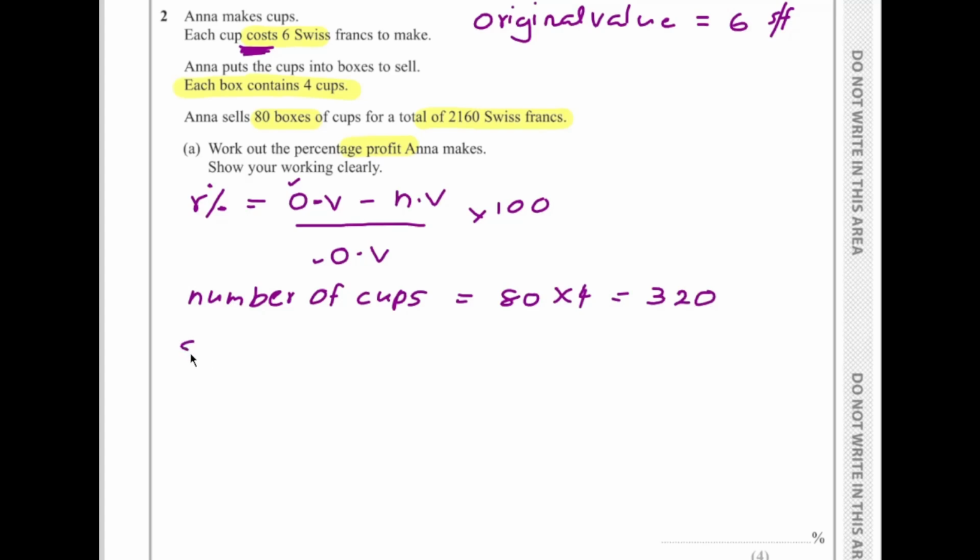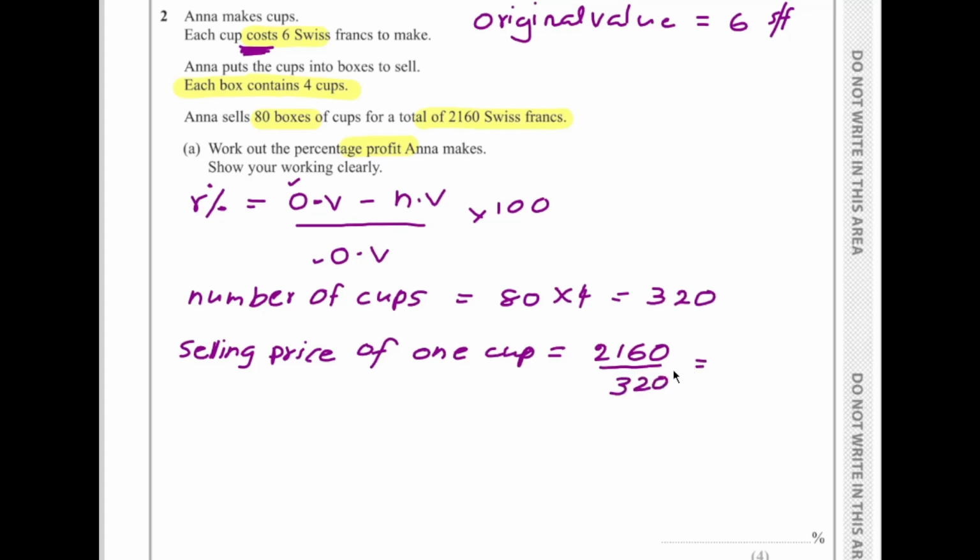Then I have to get the selling price or new price of 1 cup. For each cup, I can get it. I know the total amount that one gained through selling all the cups, 2,160 Swiss francs, to be divided by 320.